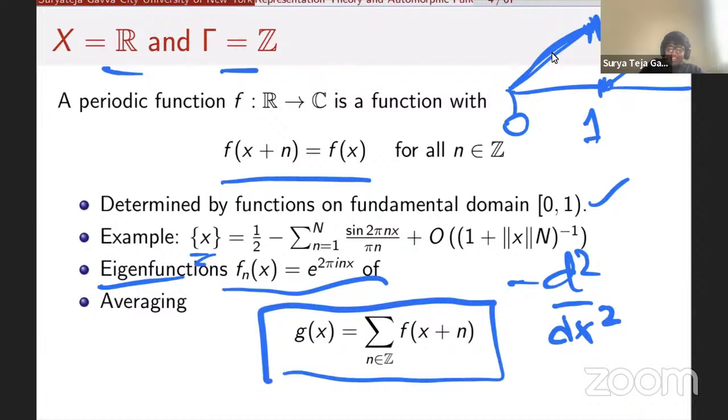That is, translate that function, say f is a sufficiently decaying, small function, by these integers and then add them. So consider this new function g. You can now see that g of x plus 1 is g of x. Because you're averaging under the group action already, you'll see that under the group action it is invariant. So this is another way to create periodic functions.